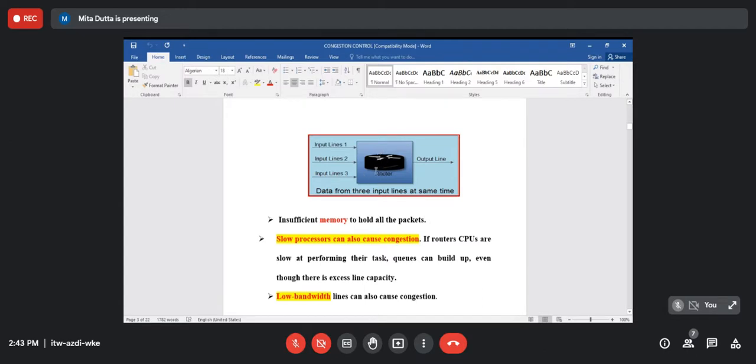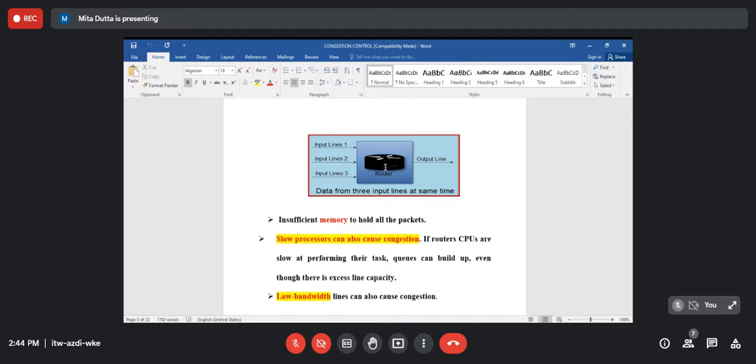And if there is insufficient memory, that means the buffer of the router is full, in that case also congestion will occur. And if the router processor is slower than the processor at the sending end node, say the sending node's speed is more than the speed of the router, then since its speed is more, it will send more packets.